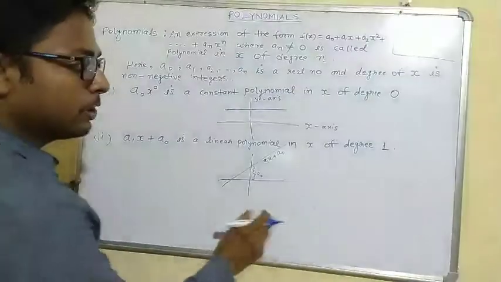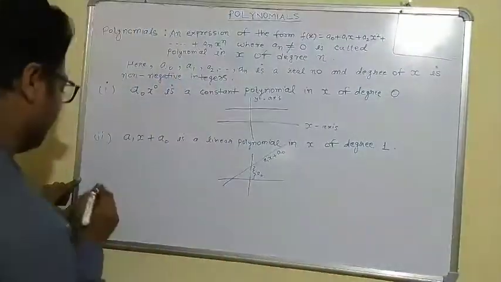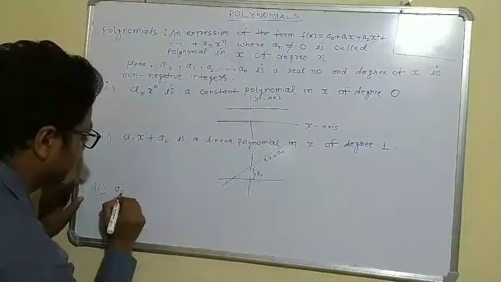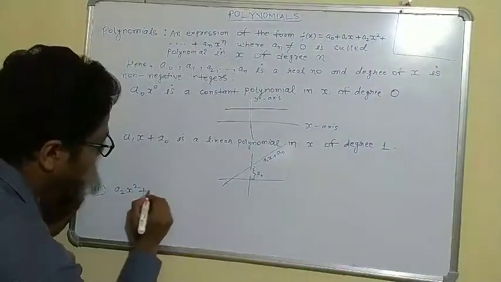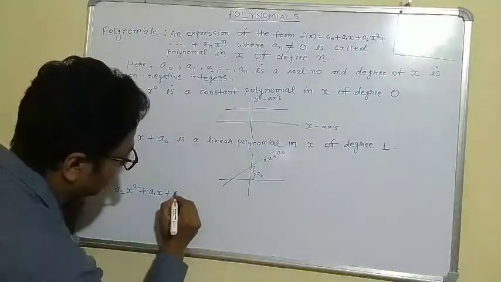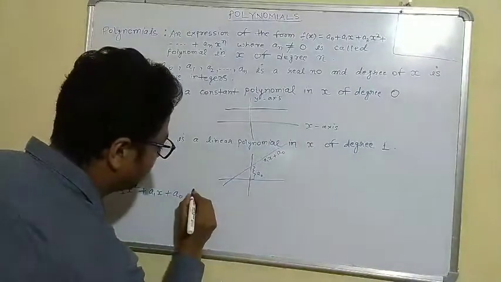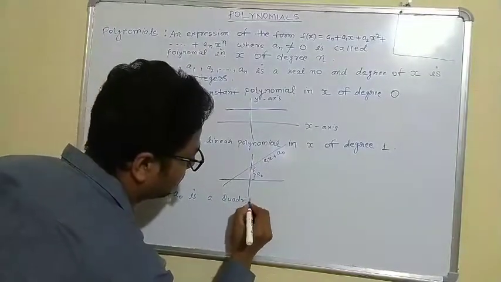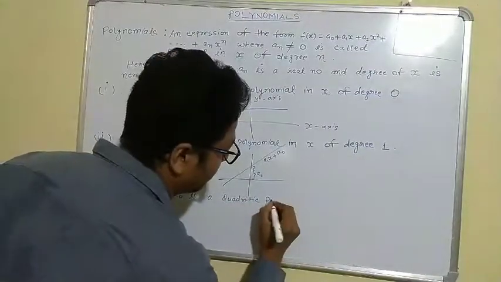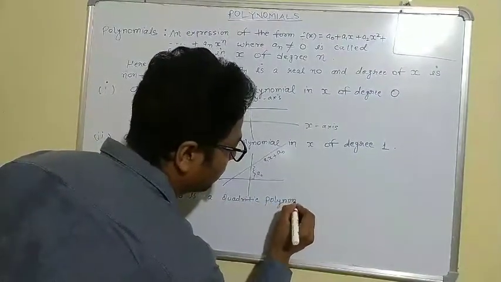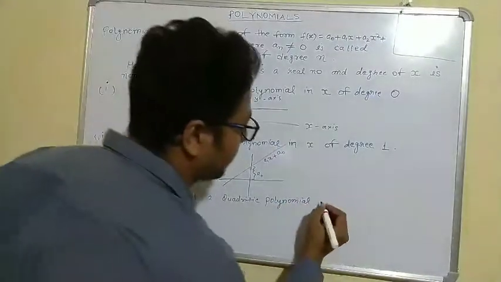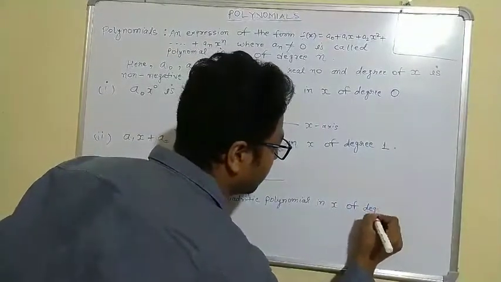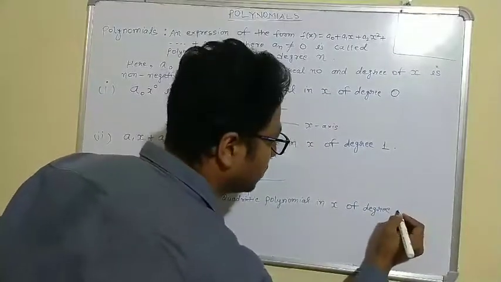Now in a quadratic polynomial, the degree of x is 2. a2x square plus a1x plus a naught is a quadratic polynomial in x of degree 2.